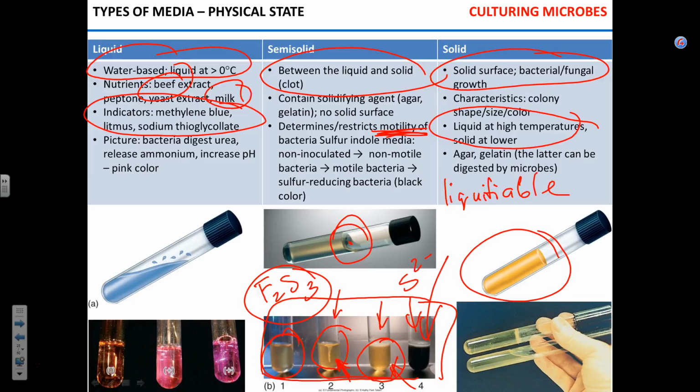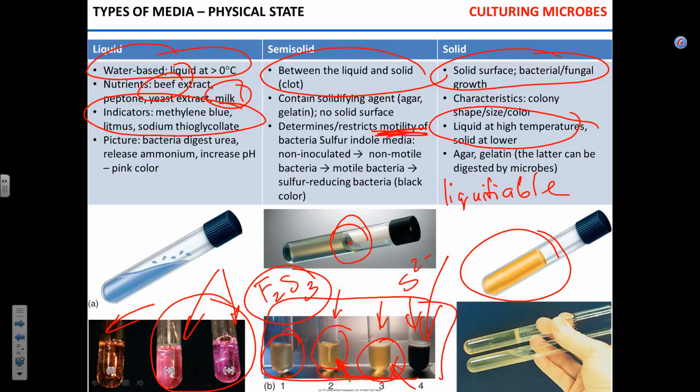You can add indicators to it. Okay? They will change color. So here's the examples. No inoculation, and then you've got bacteria that digest urea. When they digest urea, they have urease enzyme. They release ammonia.